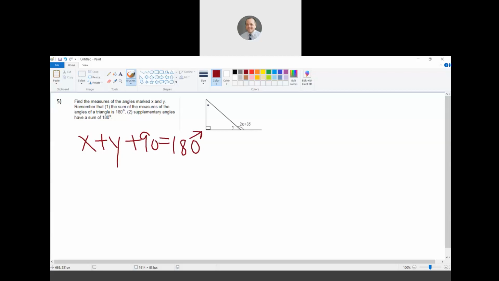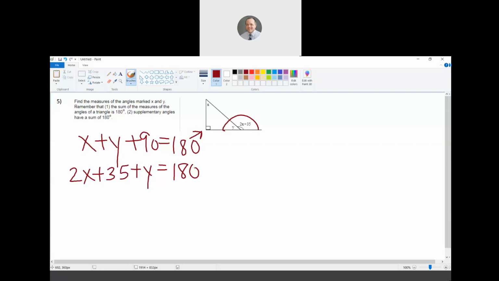Part 2, supplementary angles have a sum of 180 degrees. These two angles here that form a line are supplementary. So our second equation is 2x plus 35 plus y equal to 180. To solve this system, we need to move our integers to the right-hand sides.